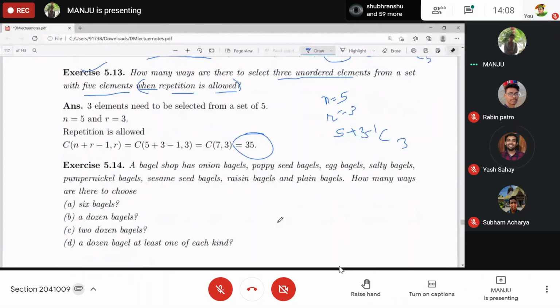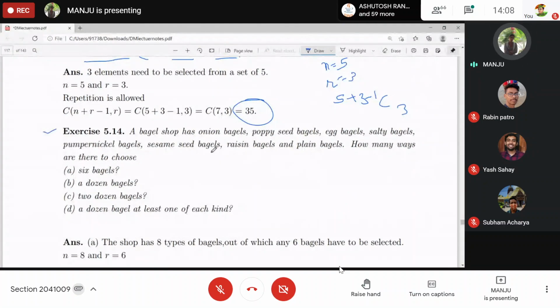Similarly, this is the last question of this chapter. A bagel shop has onion bagel, poppy seed bagel, egg bagel, salty bagel, so first kind, second, third, fourth type, then fifth type pumpernickel, sesame is the sixth type, raisin the seventh type, and plain is the eighth type. So it has 8 different bagels.